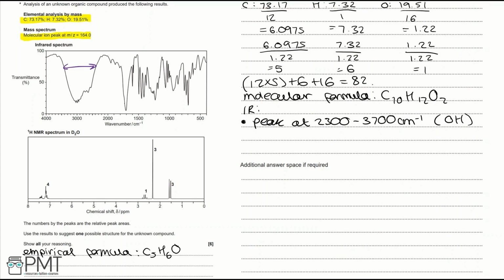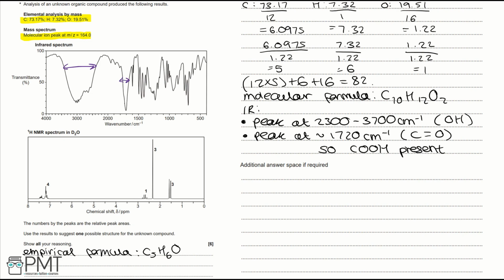The second peak we need to discuss is the peak at about 1,720 centimetres to the -1, and that represents a C=O group. So that means that we have a carboxylic acid group present in our unknown organic compound. The peak for the C=O is the smaller peak on the infrared spectrum here.